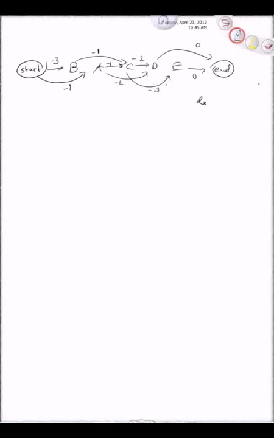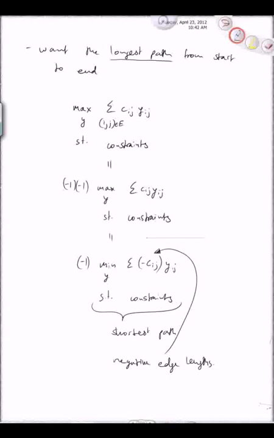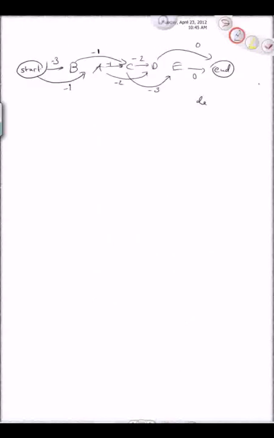If that shortest path has a value of something like minus 7, then the longest path is going to have a length of 7. So we're going to be off by a minus sign when we do the shortest path, because that minus sign gets taken care of by this remaining minus 1 outside of the minimum. And so we want to find the shortest path in this graph with its negative edge lengths. So that's the basic application that motivates us.